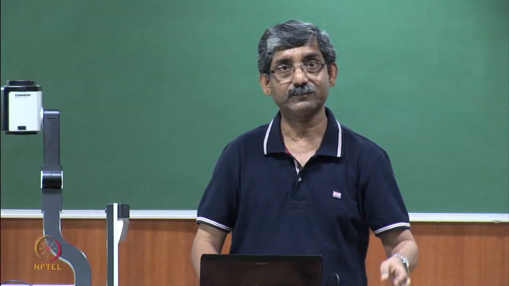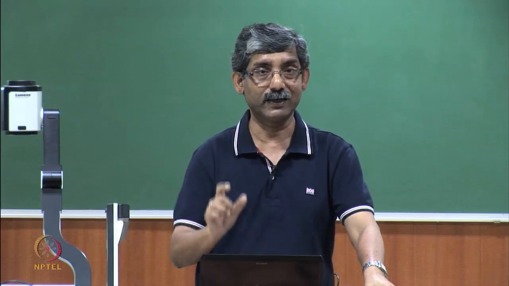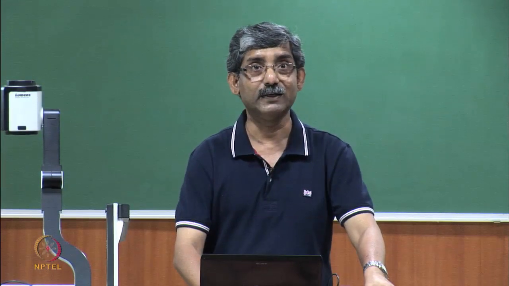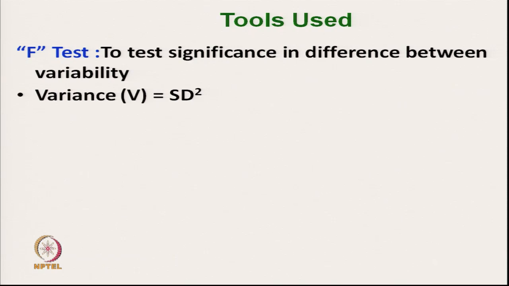The F-test takes care of only variability. And what is variance? Variance is the square of standard deviation, and F is nothing but the ratio of the variances.